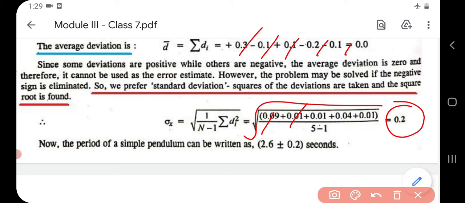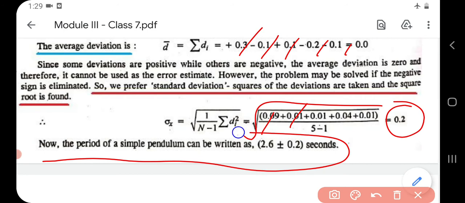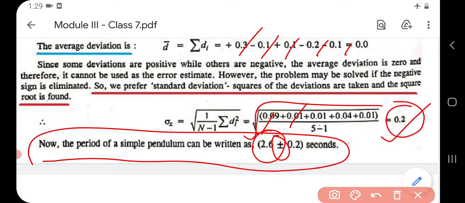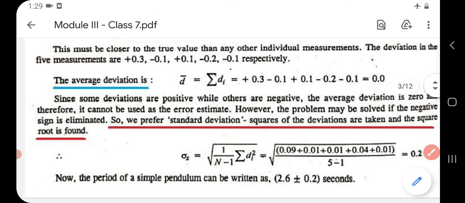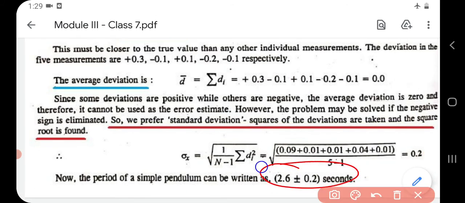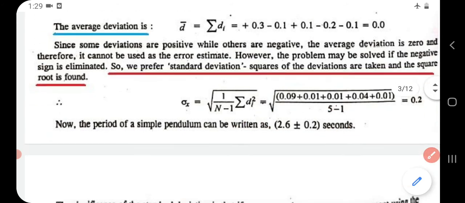Then you write the final result: the period of the simple pendulum is the average value 2.6, plus or minus the standard deviation 0.2. So this is the result, 2.6 plus or minus 0.2 seconds.